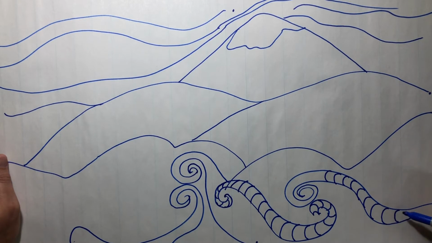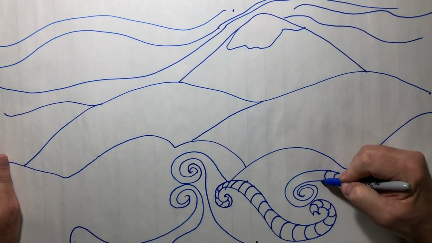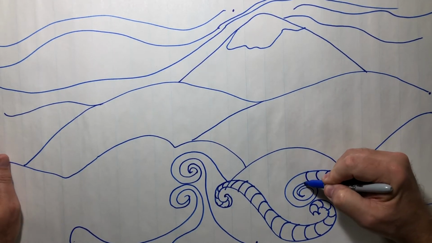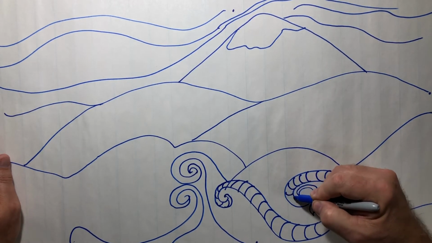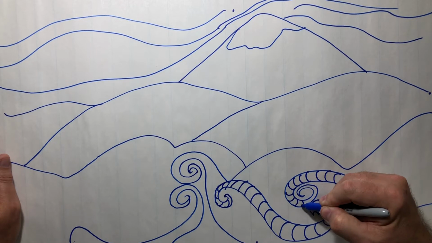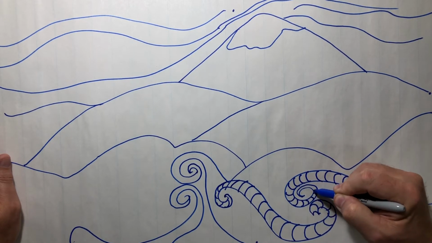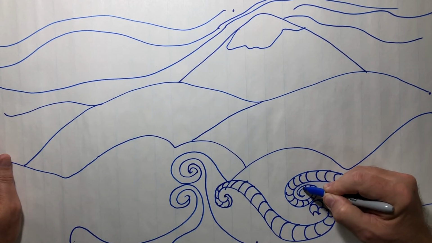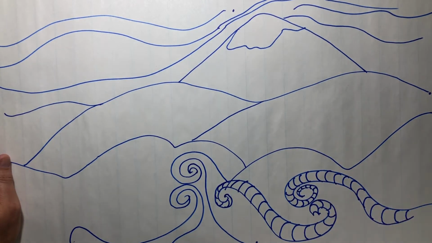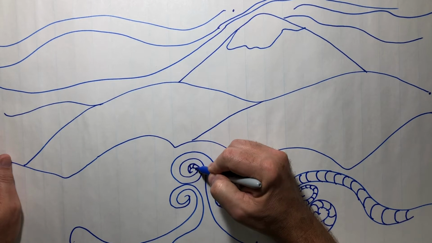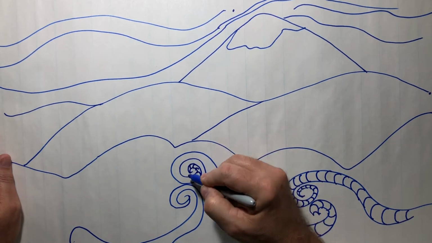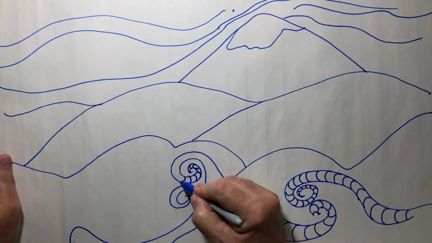Now, whether I color this or not, it's still going to be an interesting looking design, and you're going to be able to tell this line is different from the others, even if I don't color it. So I'm going to continue on. If you want to draw along with me, that's perfectly fine. I'll just do this in real time.